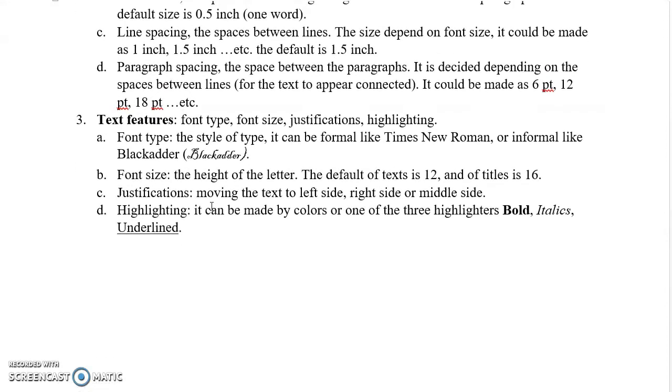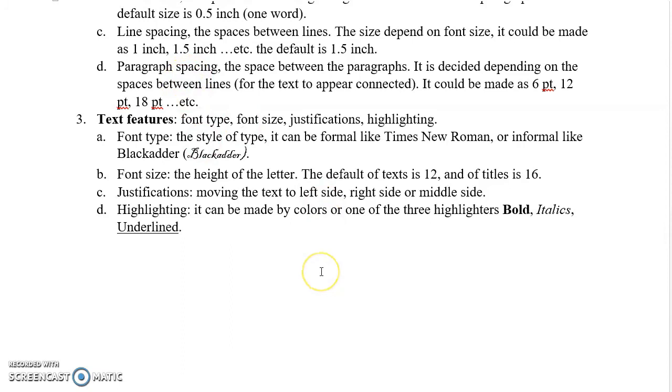The last point that I have to discuss in this file is text features. Text features include font type, font size, justifications, and highlighting. Once I say font type, it is the style of the type, and it can be formal or informal.